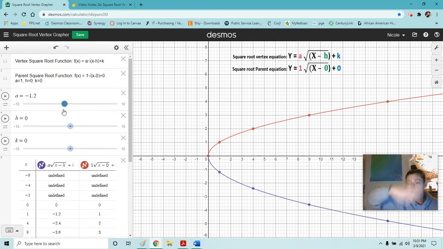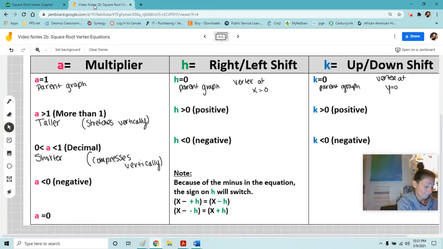So now the curve is going downward instead of upward. So it's flipped upside down. And the way that we say that in a mathematical sense is that it's reflected vertically over the vertex.